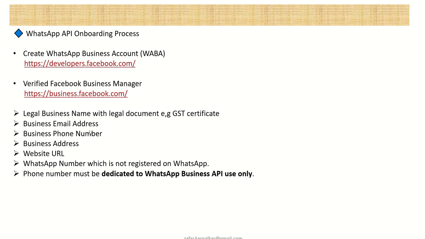We must have a business email address for communication, a business phone number, a business address, a website URL, and a WhatsApp number which is currently not registered on WhatsApp. The phone number must be dedicated to the WhatsApp business API only. Those are the mandatory things for onboarding for a WhatsApp business API, either through Meta or through BSP.